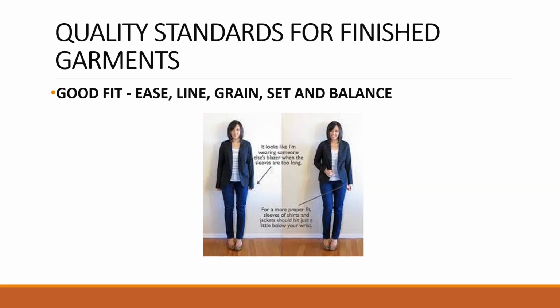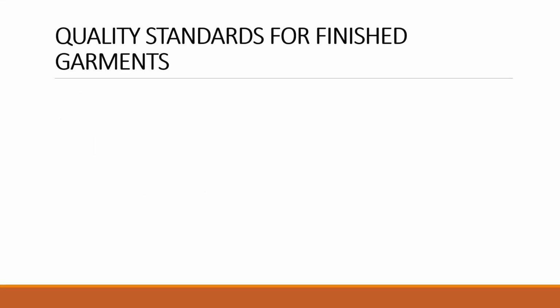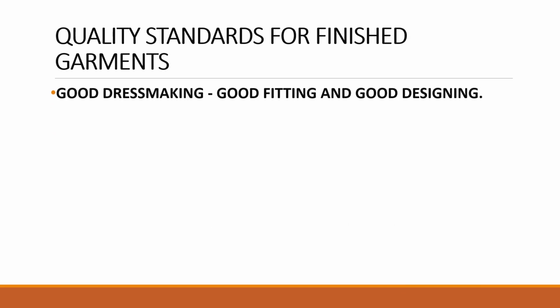What those properties are, we will see in detail. Now quality standards of finished garments also talk about good dressmaking, good fitting and good designing. They are the part and parcel of good dressmaking.